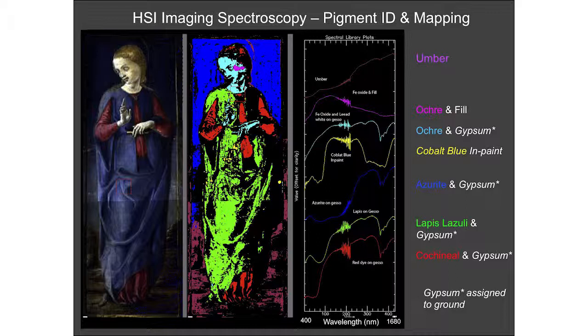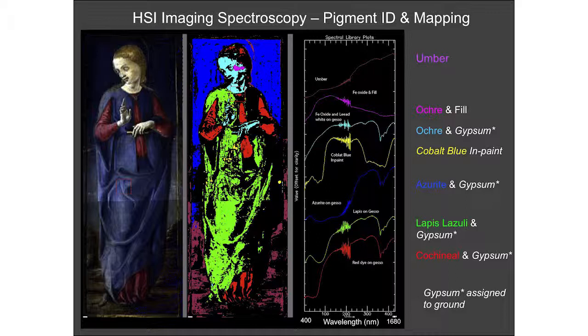And then we go back to our library or database of materials, and we can begin to identify what these pigments or these paint mixtures are, and then cross-reference with other methods such as cross-sections or X-ray fluorescence. We also find things like the cobalt blue that was used to in-paint losses in the ultramarine blue robe, and also in the azurite and the like.